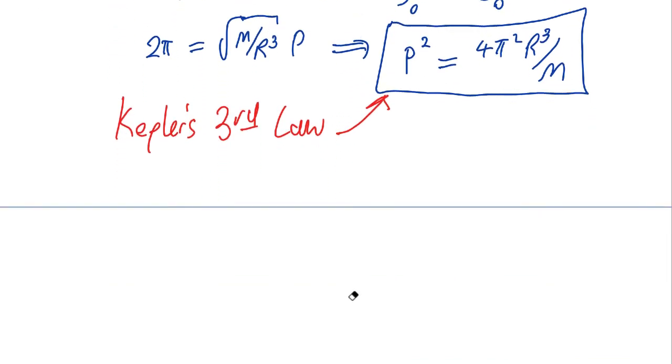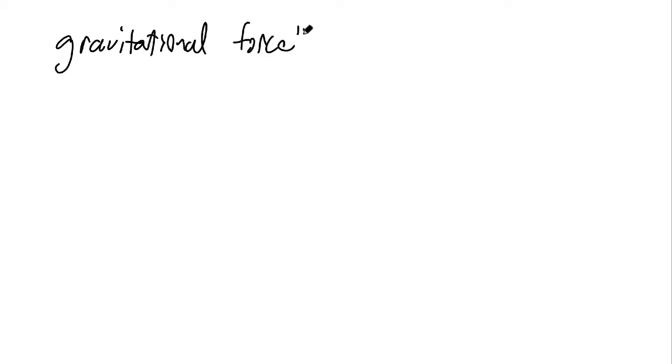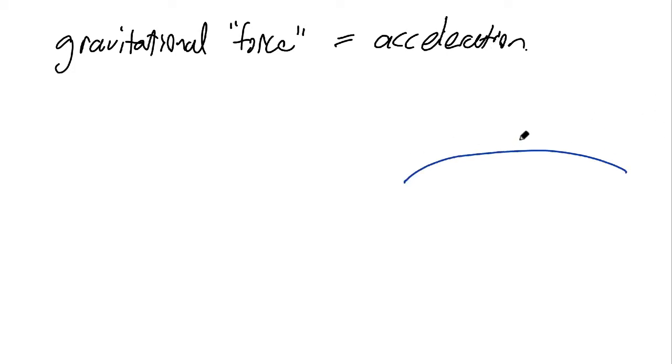Now let's recall the discussion from an earlier lecture. In general relativity, the gravitational force is really a fictitious force. It's really an acceleration. So as we stand on Earth's surface, so here's the Earth, here you are, and here's the normal force of the Earth pushing up on your feet.